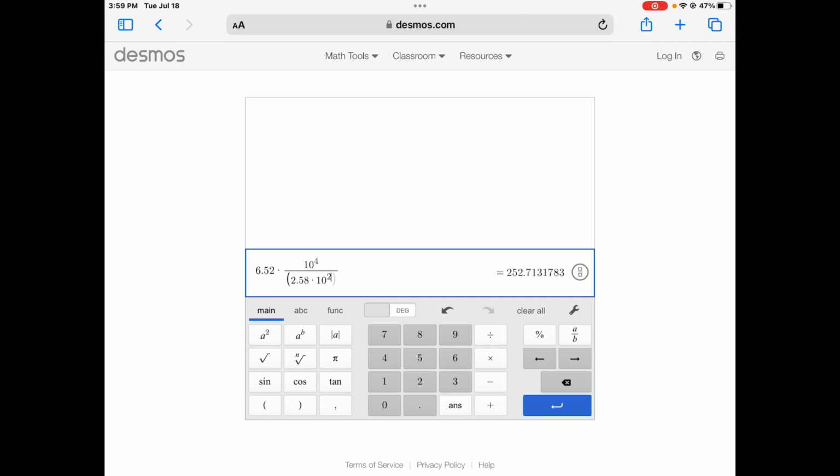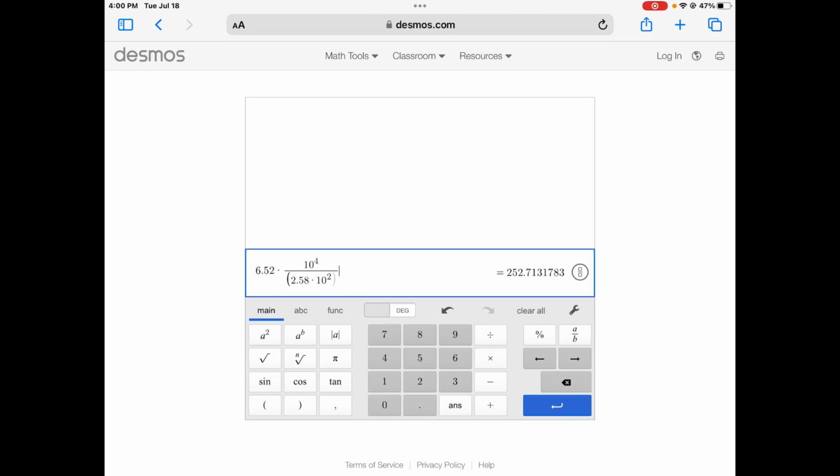There we go. All right, so here we have our 6.52 times 10 to the fourth divided by that number. And if we input that, you can see the answer is going to be 2.5. I'm going to round to 3, times 10, and we just have to go over 2 spots there, times 10 raised to the second power.